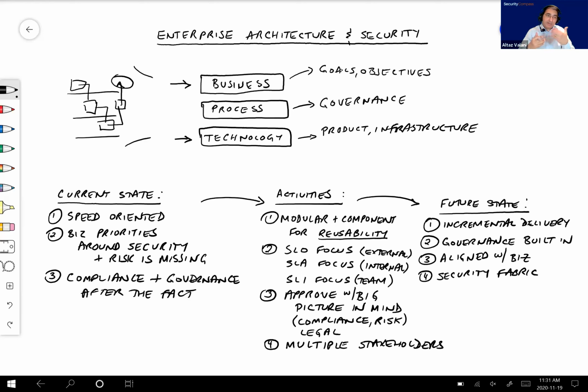Now, let me bring up some twists and turns that can happen here. Let's say we have a particular architectural component that is compliant with a particular standard or framework. Now, these frameworks and standards are also evolving over time, right?